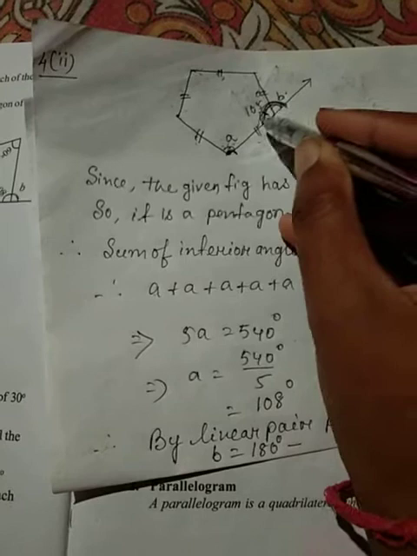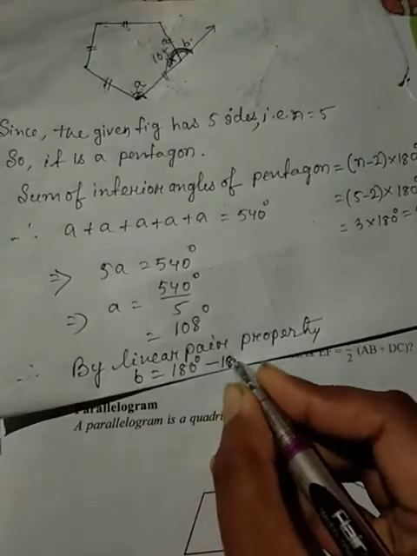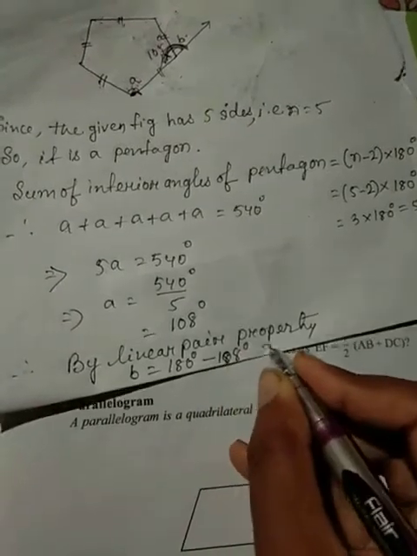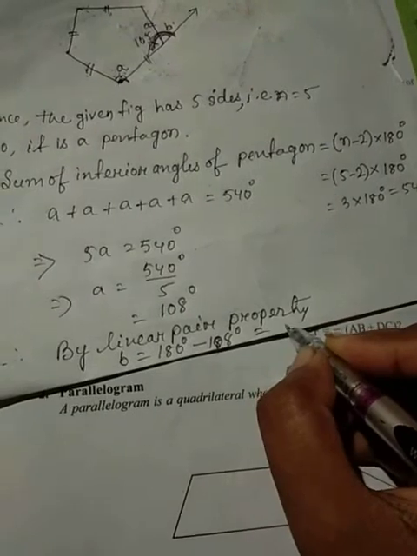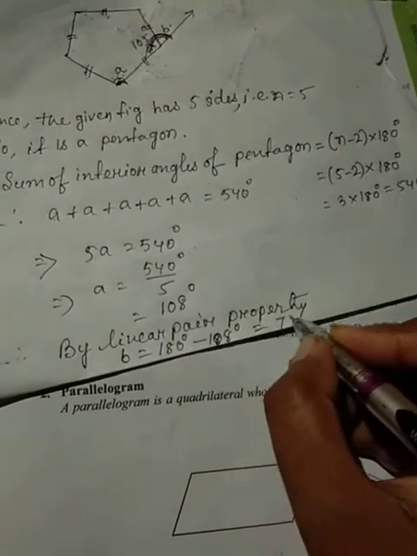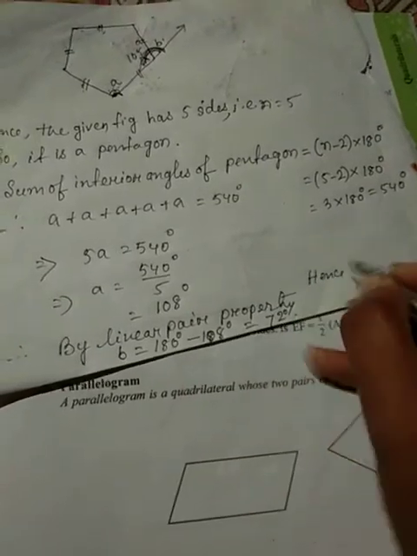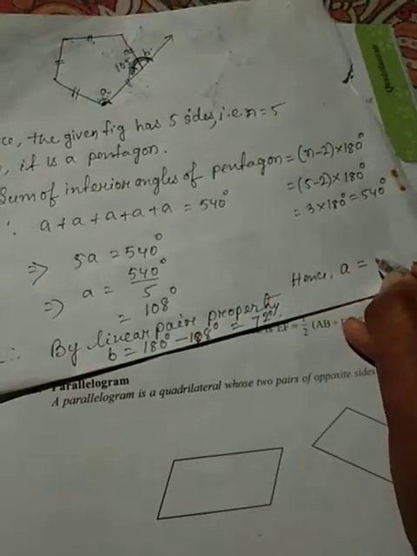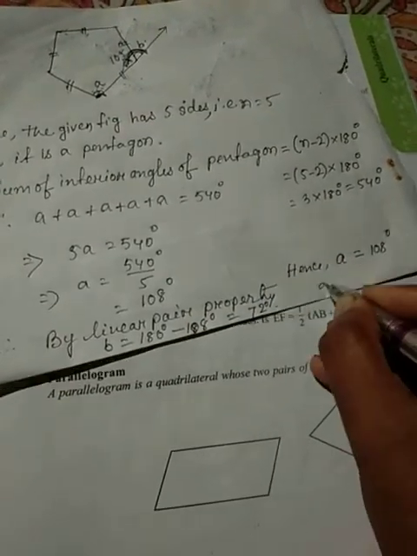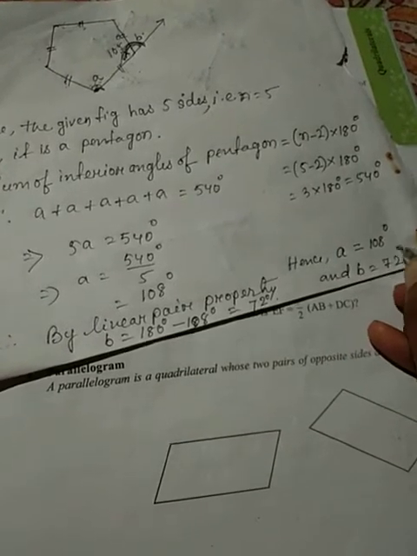That means 180 minus 108, then we get angle B. 180 minus 108 means 72 degree. Hence, the value of A is 108 degree and B equal to 72 degree.